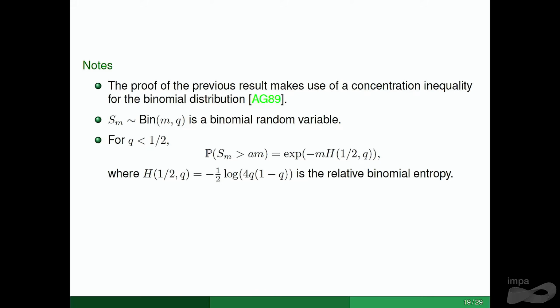So for a binomial random variable with parameters m and q, we can upper bound the probability that this deviates from this quantity, n times m, with an exponential function that depends on the number of terms in the binomial distribution, or the parameter m, times the relative binomial entropy, which has a closed form solution in this particular case. Right? I guess at A there should be 1/2, right? Oh, here? Yeah.